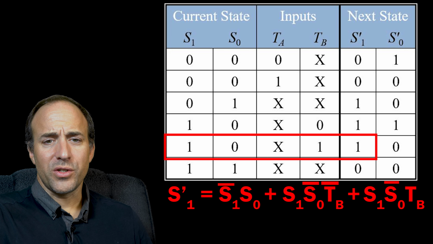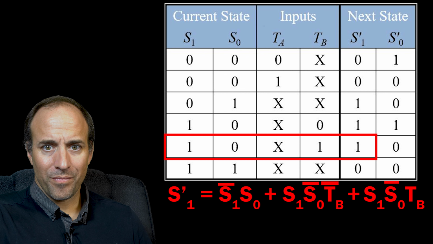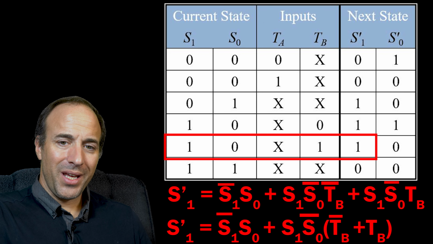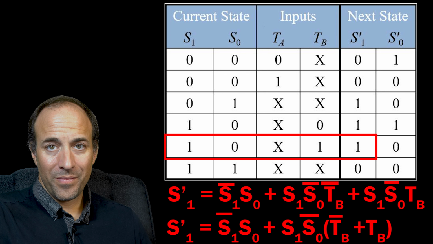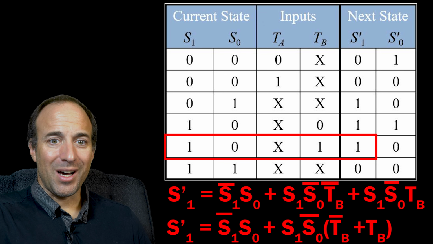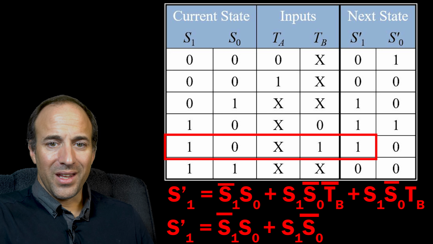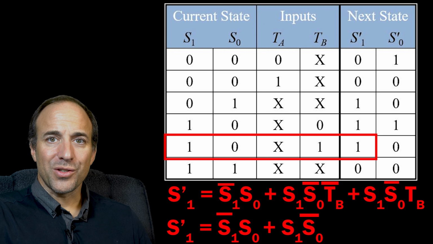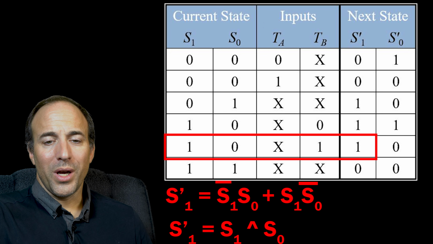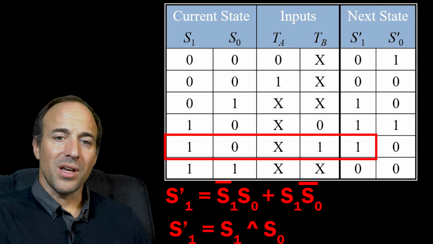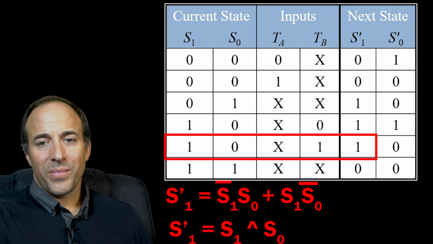We can use the distributivity theorem to extract not TB or TB, and then eliminate that clause due to the complement theorem, and then convert the remaining expression to a simple XOR, since it's true whenever exactly one of S sub 1 and S sub 0 are true.